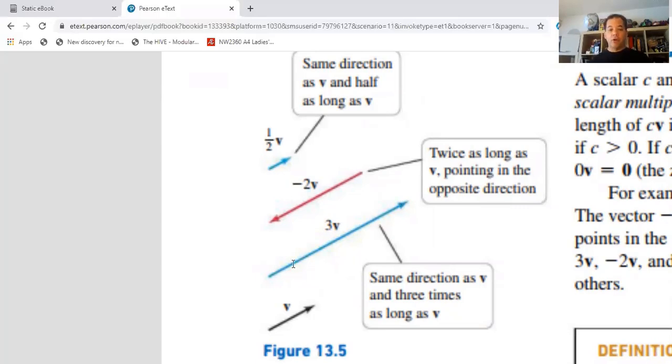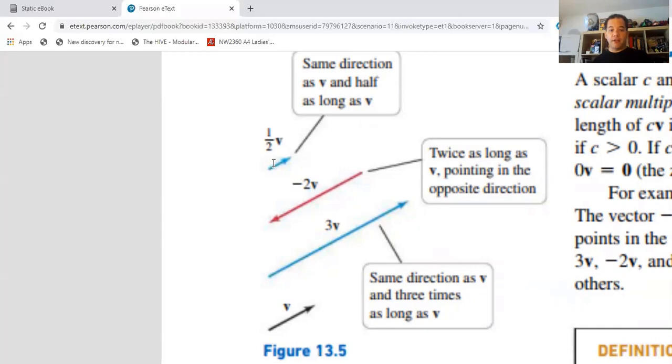This long blue one is 3 times v. And why is it 3 times v? Because it points in the same direction as v, and it's 3 times as big. This red one is -2v because it's twice as big as v, but it points in the exact opposite direction. Therefore, it is -2v.